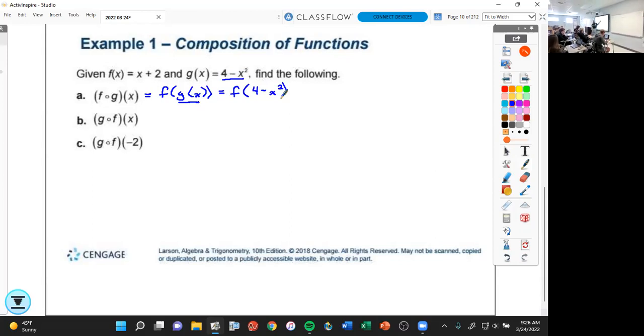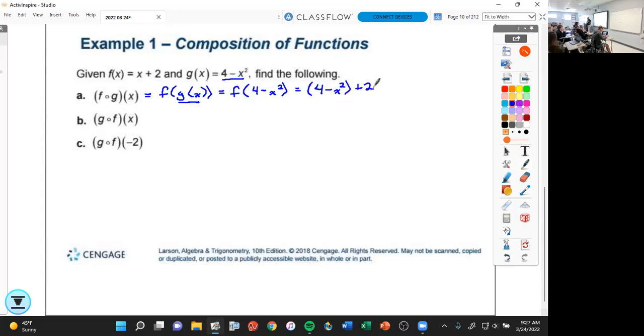So what do I do with the 4 minus x squared? I changed x to 4 minus x squared. So change x to 4 minus x squared. So I have, here's an x. So in place of x, I'm going to put 4 minus x squared plus 2.